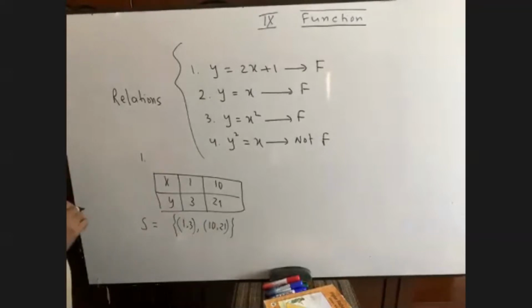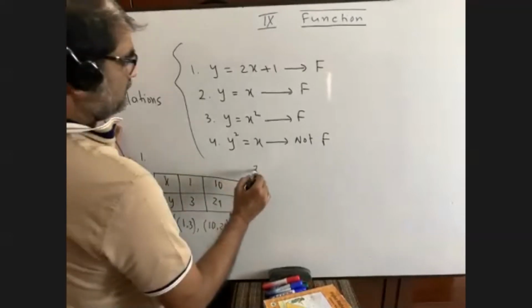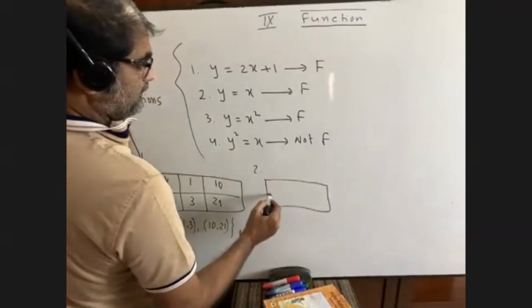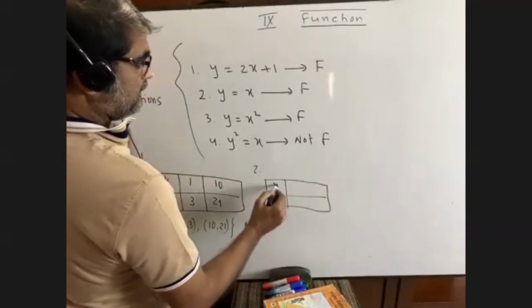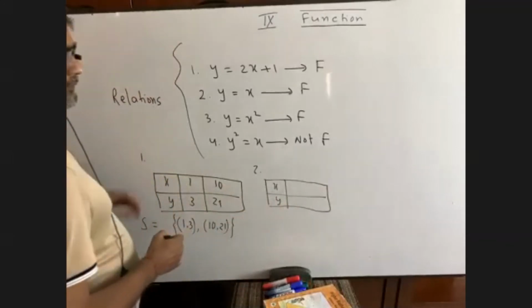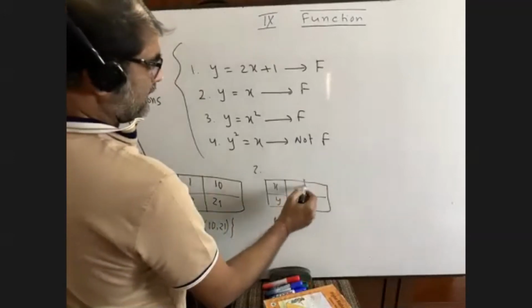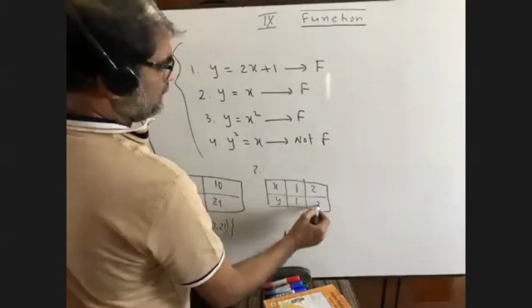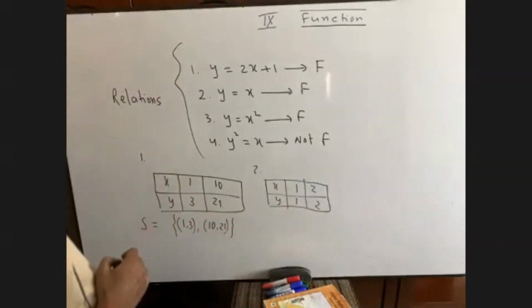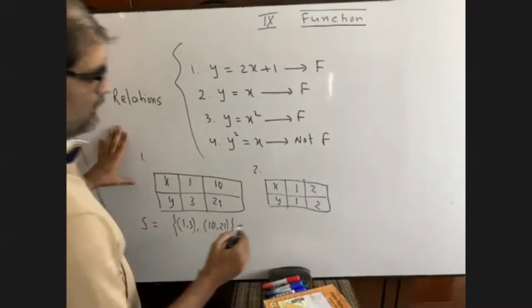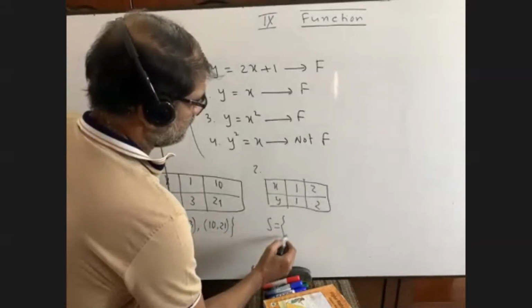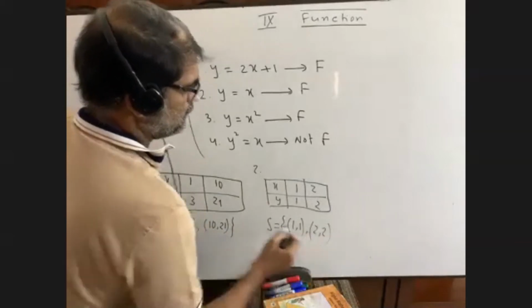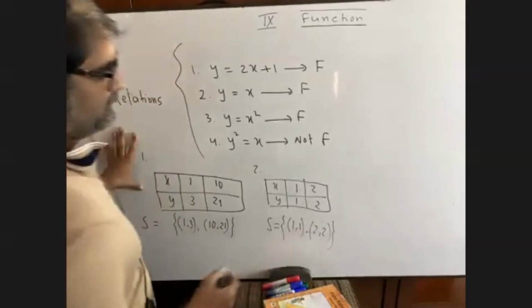Number 2, it is x, it is y. If I take 1, it is 1. If I take 2, it is 2. So we are getting 1, 1 and 2, 2. Is it? Yes, sir.